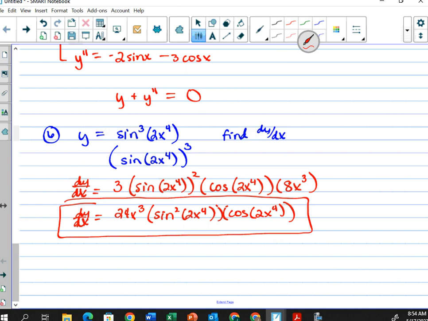Now we look just at the inside, so we're working our way in. The derivative of that is here. Then we look just at the inside here. So those two are the derivative of this. It's not like you have to change all twice. You just keep working your way in.